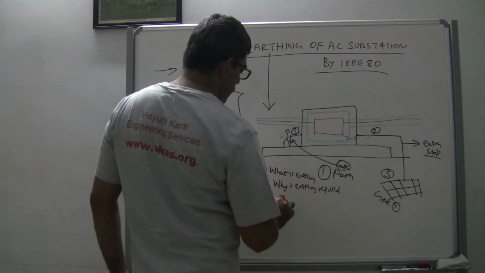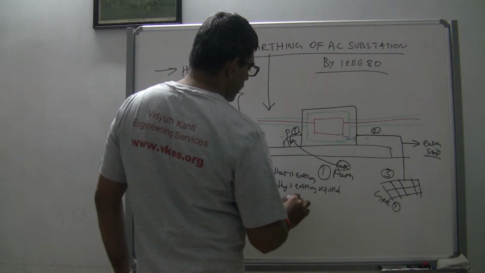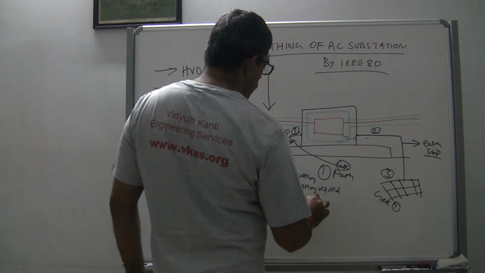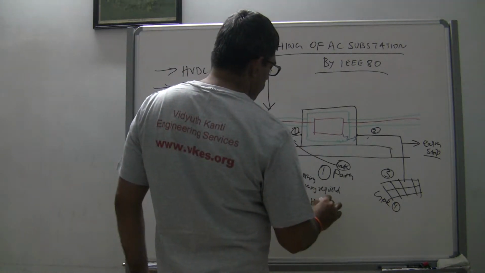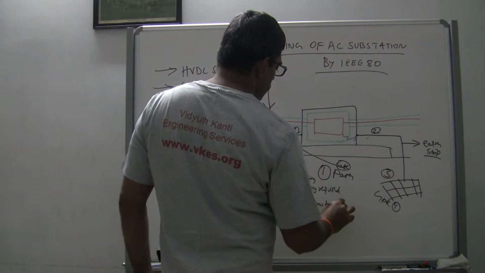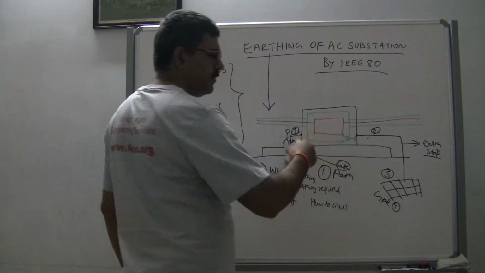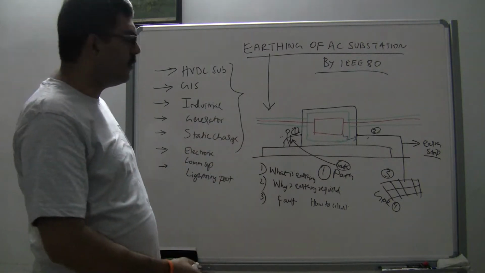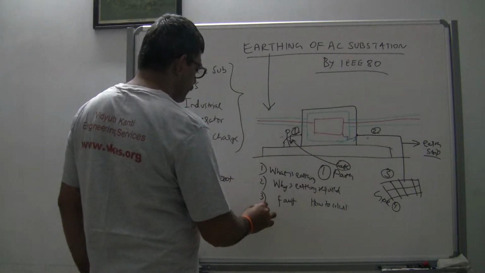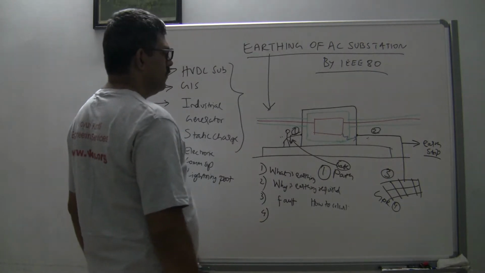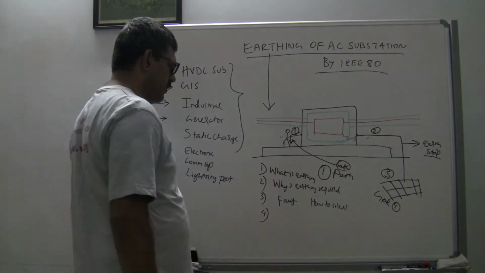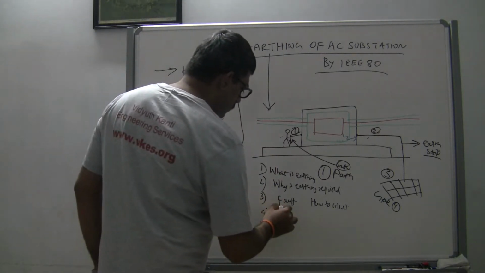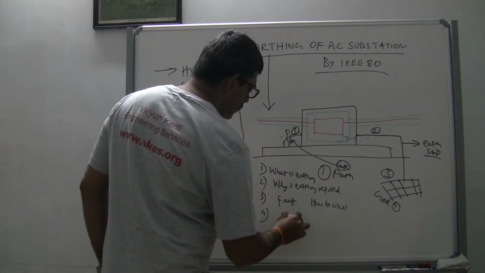So the next is, I explained briefly what is fault. Now, how to calculate the fault current, as we go further, I'll tell briefly about how to calculate the fault current. Okay, now let me tell about something called shock.